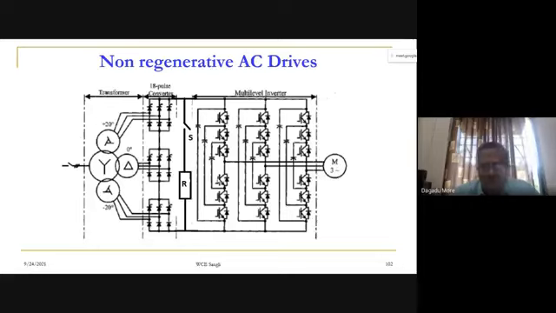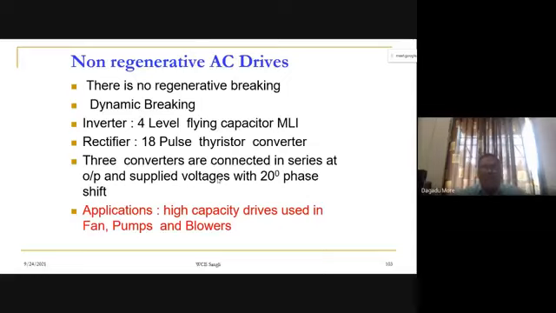High power drives for pumps, high power drives for ID and FD, induced draft and forced draft fans used in boilers, and very big capacity compressor drives. These are the applications. There is no regenerative braking, we are using a dynamic braking.